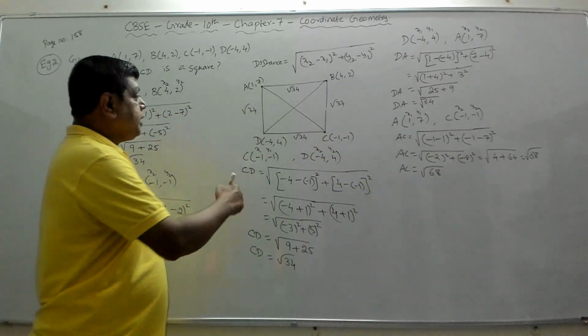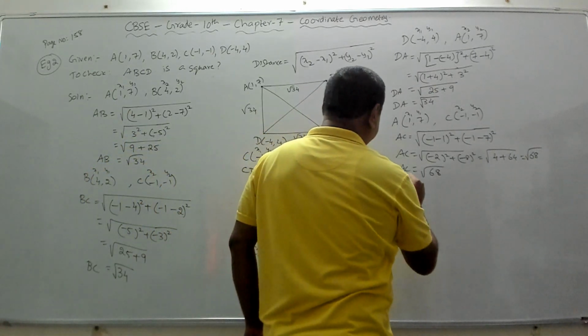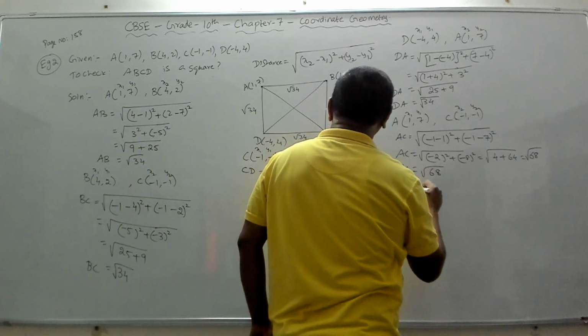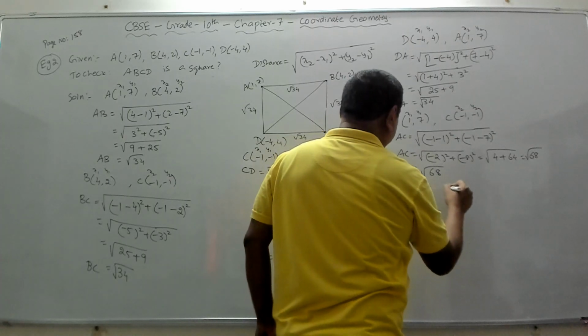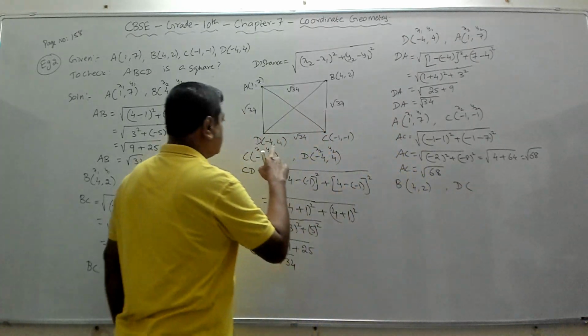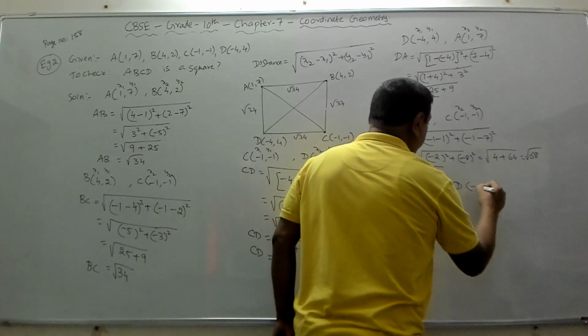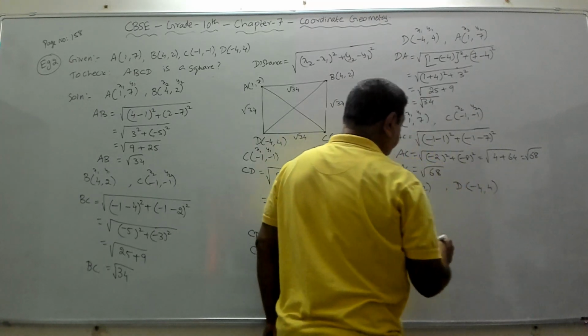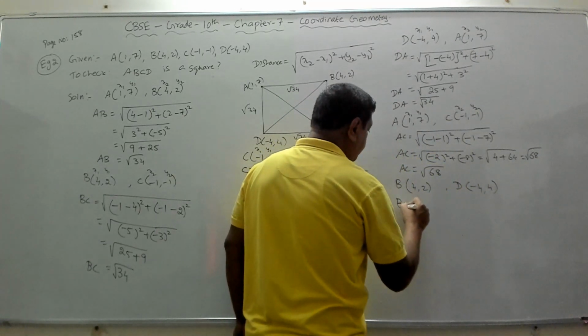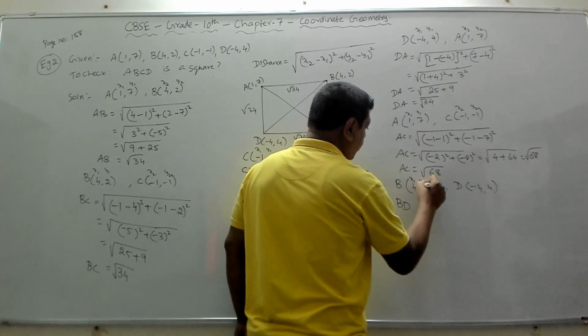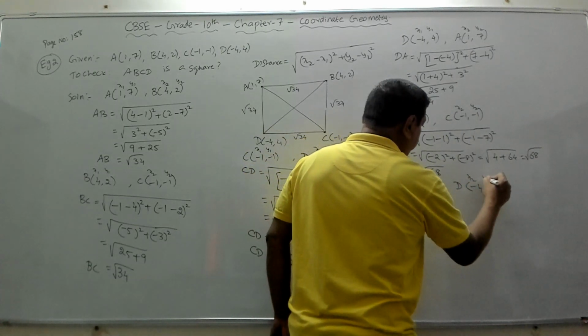Now let's find what is BD. So for BD, B is what? The point B is 4 comma 2 and our D is minus 4 comma 4. Let's now find the distance between BD. So we'll take this as x1, y1, x2, y2.